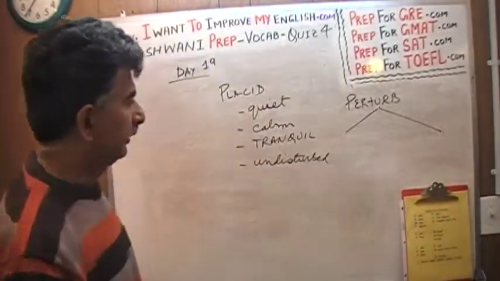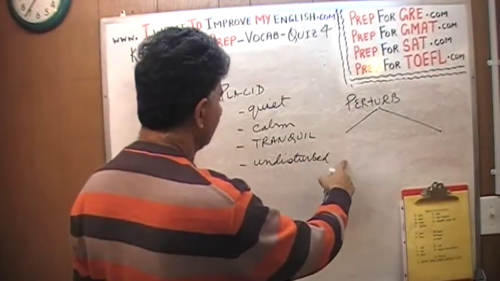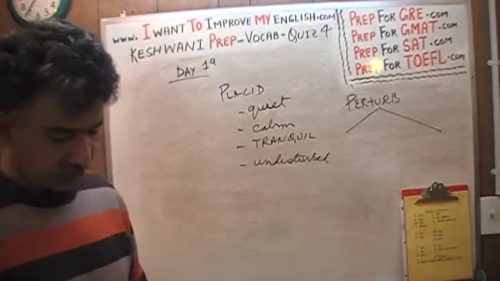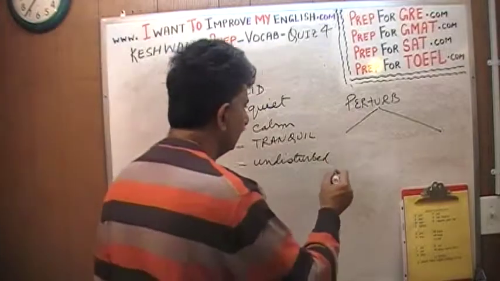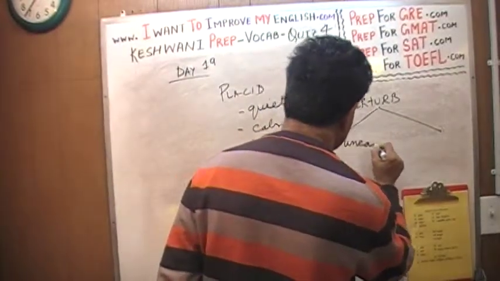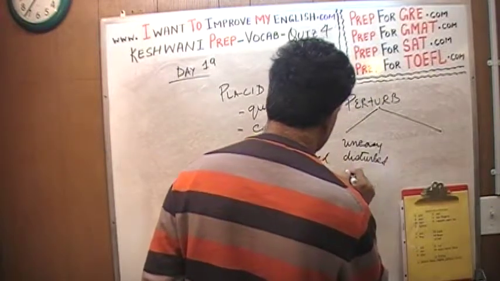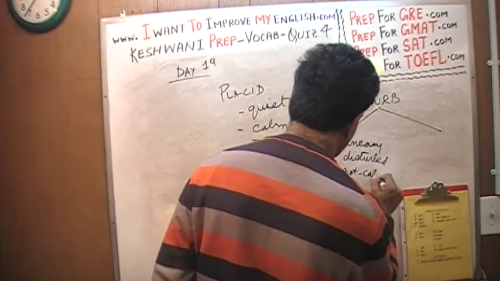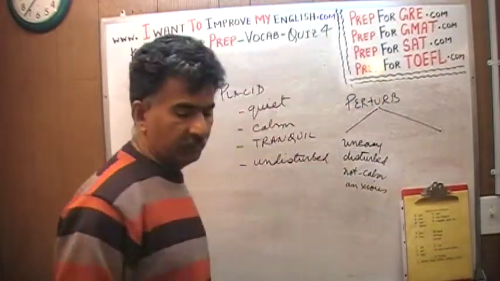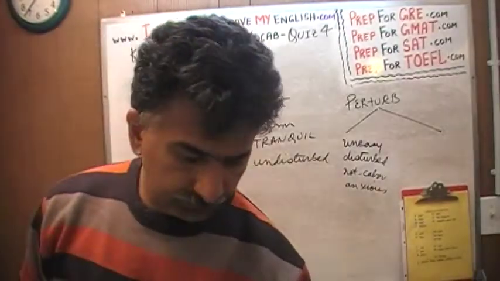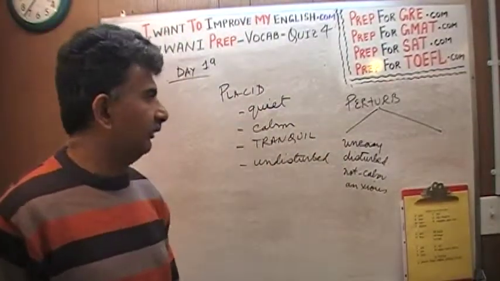One meaning of the word perturbed is the antonym of this, which means you're not calm, you're not tranquil, you're disturbed, you're anxious, uneasy. That is what it means to be perturbed. So if somebody is described as being perturbed, they're anxious, they're uneasy about something. Their mind is not at ease.